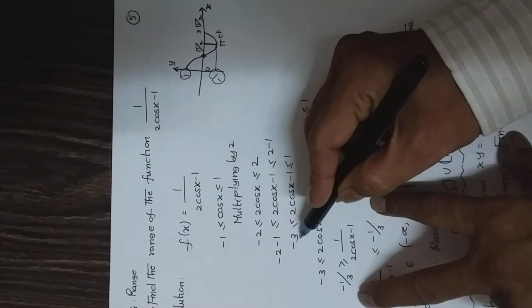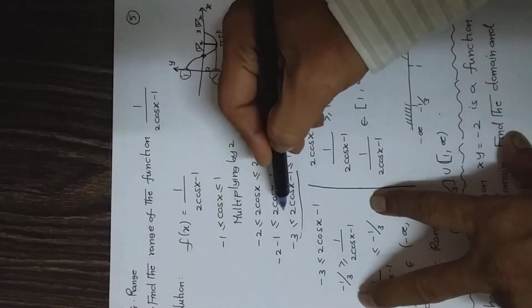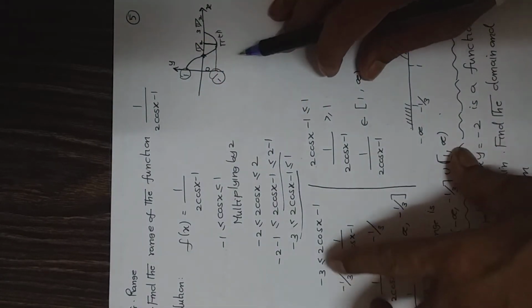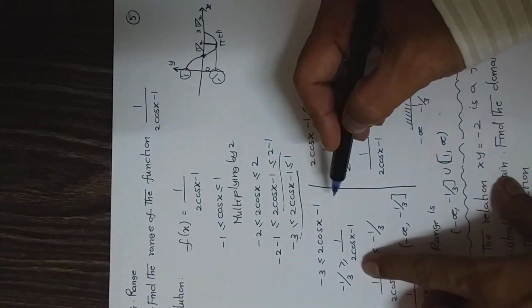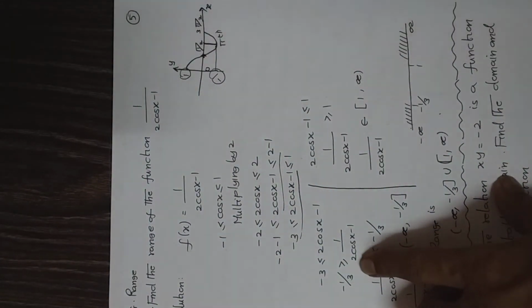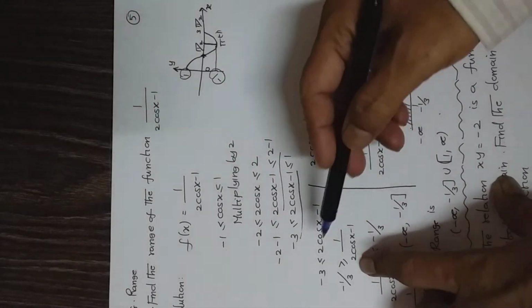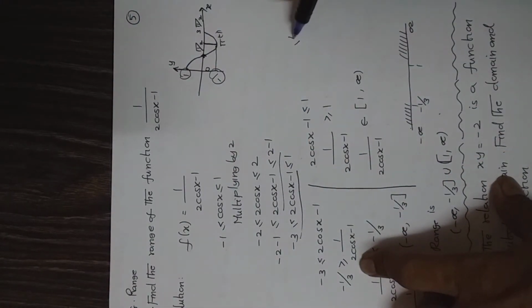First I am taking this half, next I am taking the other half. So minus 3 less than or equal to 2 cos x minus 1, this part. Now if I take the reciprocal of this, why should I take the reciprocal? Because the sum is the reciprocal of this value. If I take the reciprocal, the inequality sign also changes. For example, 1 is less than or equal to 2, so 2 is greater than or equal to 1.